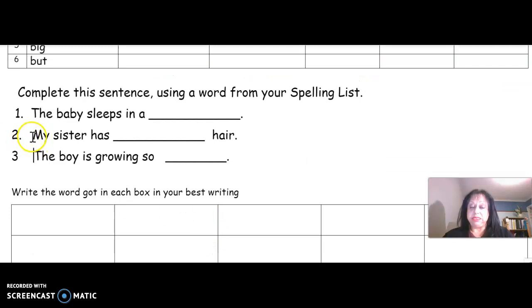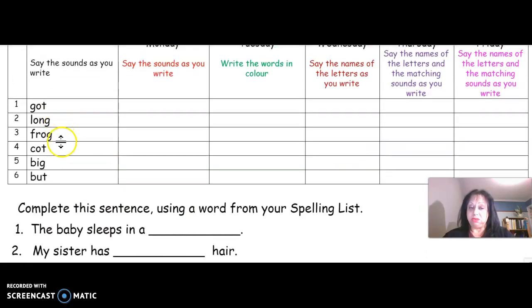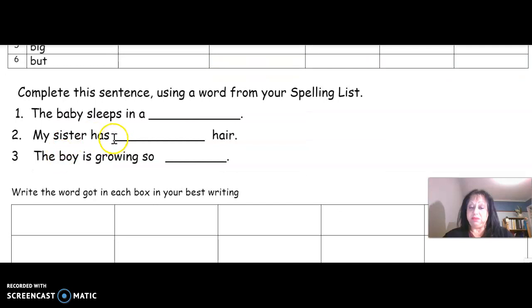The second sentence is, my sister has something hair. So you repeat the process, go through the words and see if it fits in there to make sense. The third sentence is the boy is growing so something.